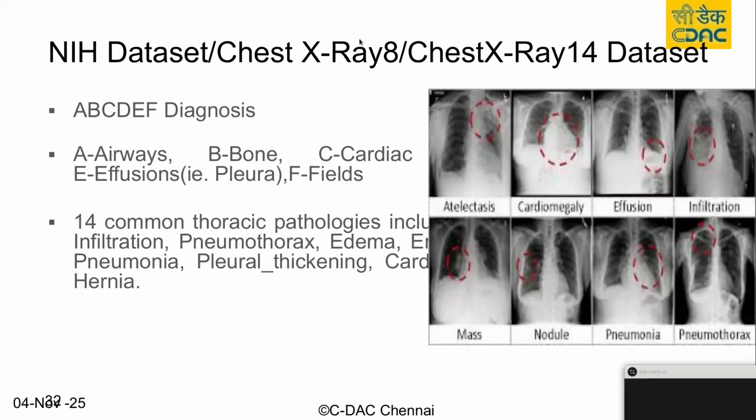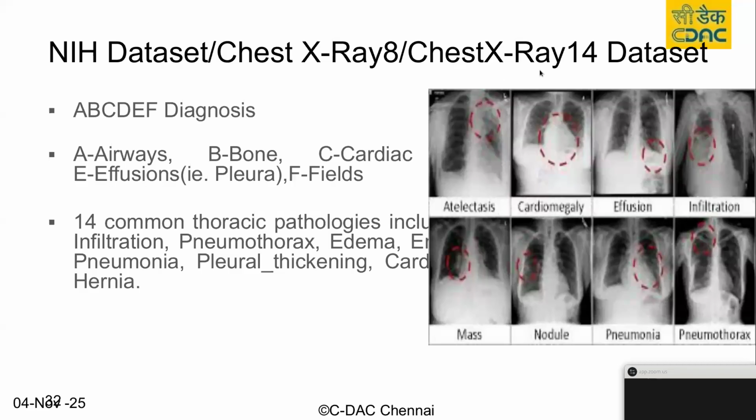The National Institutes of Health in the USA is a hospital that has released a dataset of chest X-ray images for 8 different diseases. Later they released a 14-disease manifestation dataset.